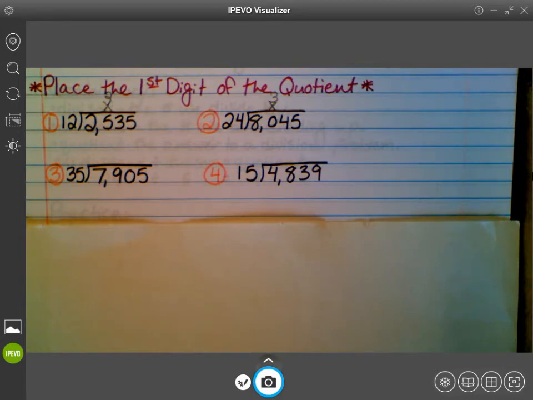We only have one other thing we're putting on our notes. Sometimes on a test, or even in real life, I'll look at people's work, like they're dividing, and they have the digits right, but they're in the wrong place because they didn't think where the first digit of my quotient is going to go.